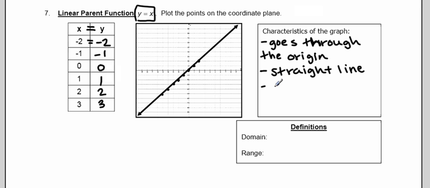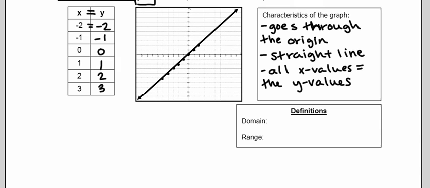And all x values equal the y values. And then for our domain and range, we cannot box it in anywhere because of those silly arrows, so our domain is all reals. And our range is all reals. Great. Let's go ahead and turn over to the next page.